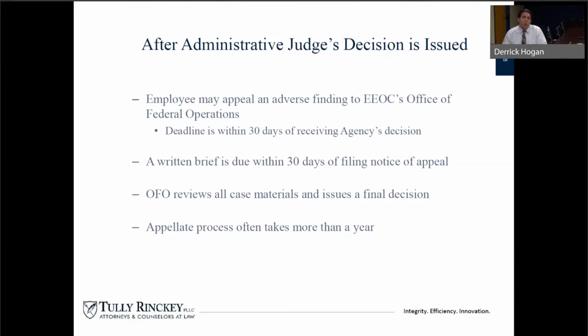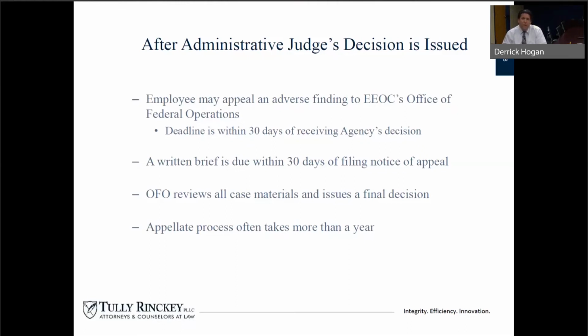Now, I think it's also important to note that I've talked about this in connection with if you as the complainant receive a negative decision or an unfavorable decision. But I would advise you that sometimes, even if you prevail at a hearing or you as the complainant prevail with a final agency decision, then the agency also has an opportunity to file an appeal with OFO.